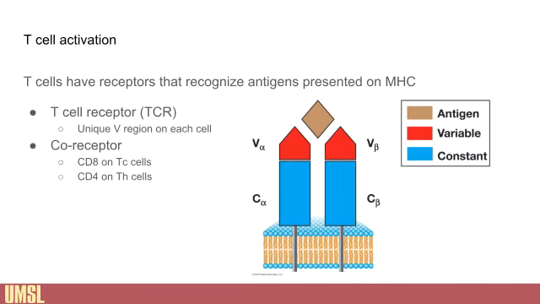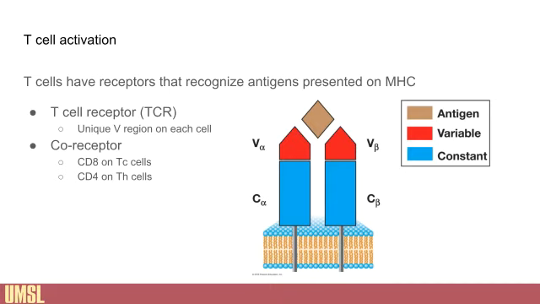Okay, so what I think we'll try and get through today is, all right, these T cell receptors, what are these things doing? These are receptors that are present on cytotoxic T cells and on T helper cells, and these are like antibodies, in that they also have a variable region.